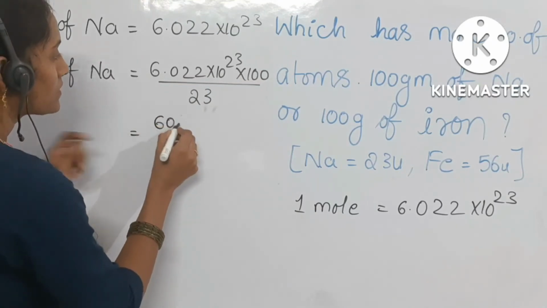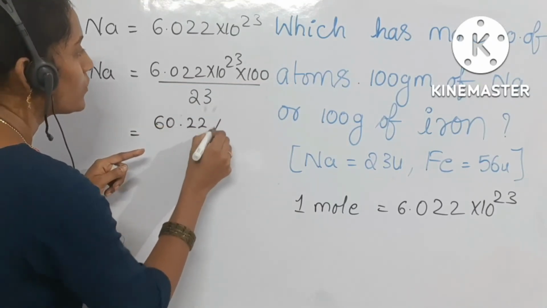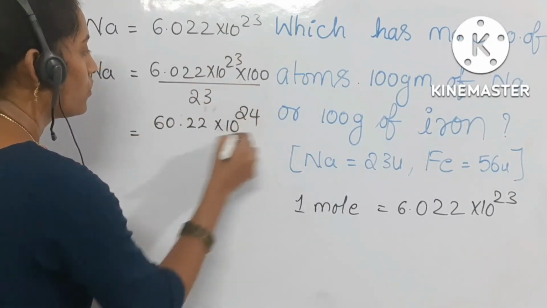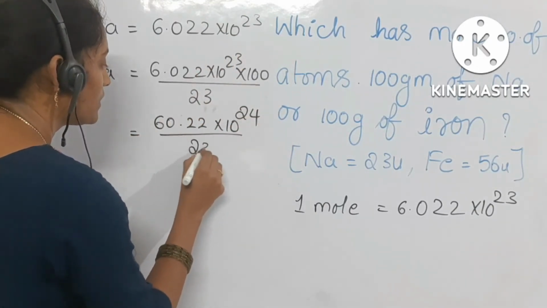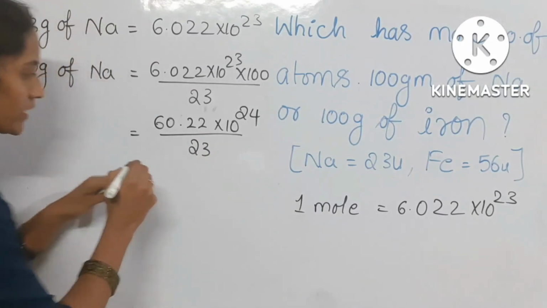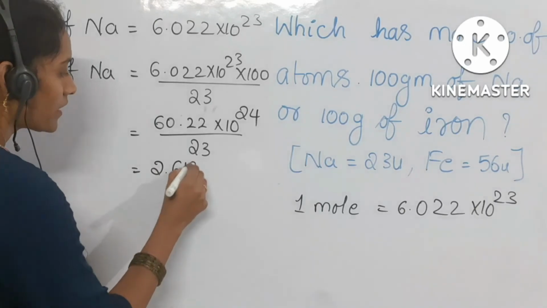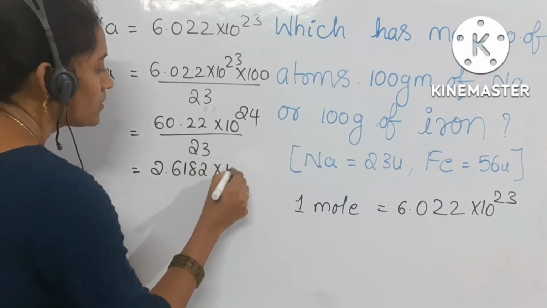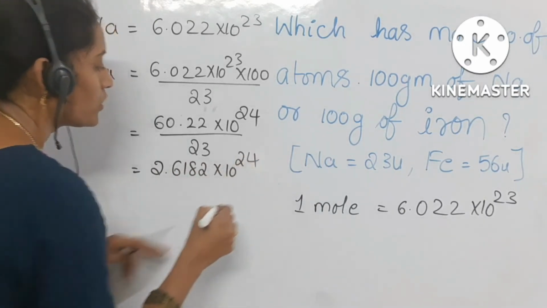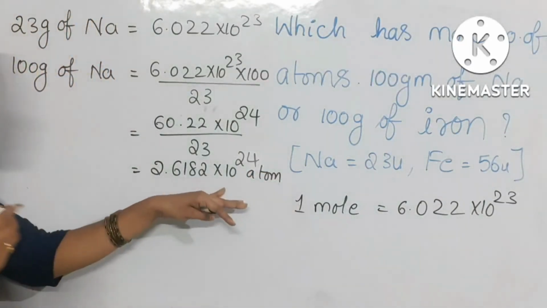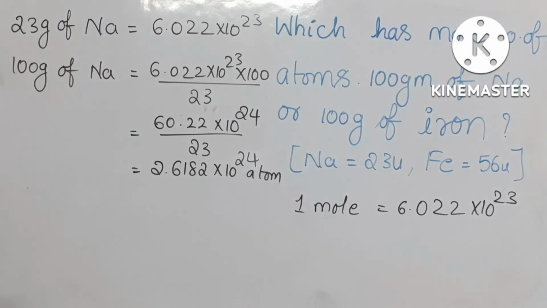Then 60.22 into 10 power, and one more 0 added, 24 upon 23. Then if you calculate this number, you will get 2.6182 into 10 power 24 number of atoms. This is how many atoms are present in 100 grams of sodium.